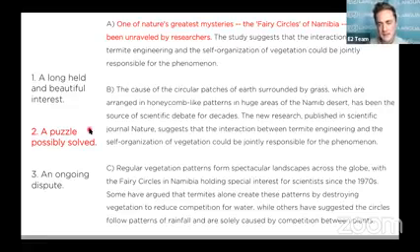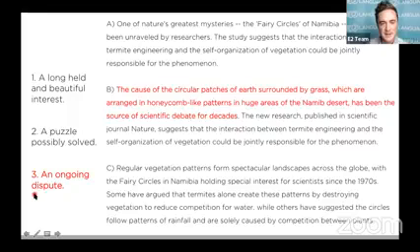So you need to think about the other possible headings as well. This one says a puzzle possibly solved. This one says a mystery unraveled. A mystery unraveled, a puzzle solved. Synonyms, same meaning.